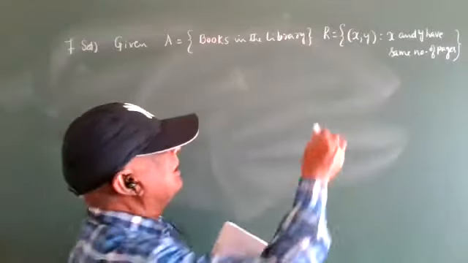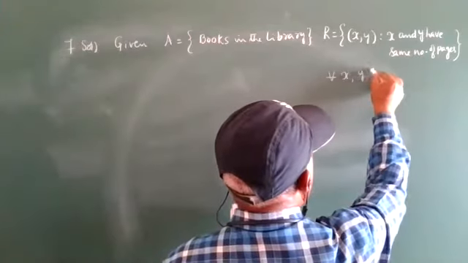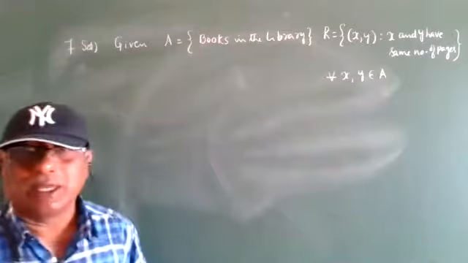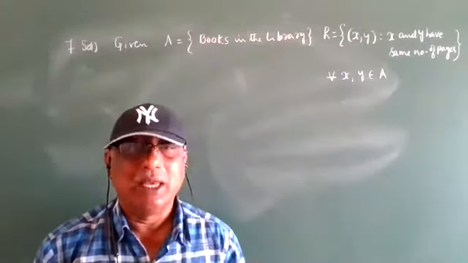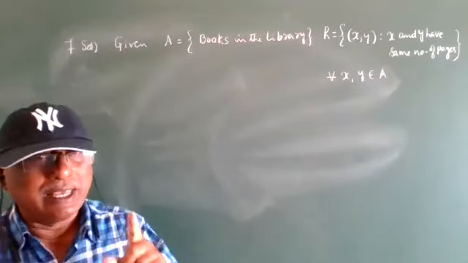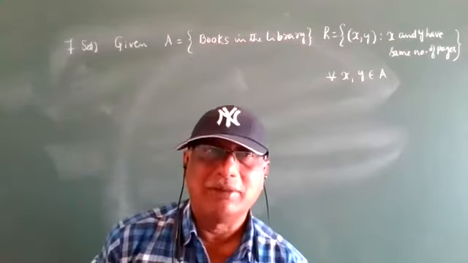X is one book in the library, y is one more book in the library, x and y belonging to the set A. X is one separate book in the library, y is another separate book in the library. A is the set of all library books. Okay? X is one of the books.